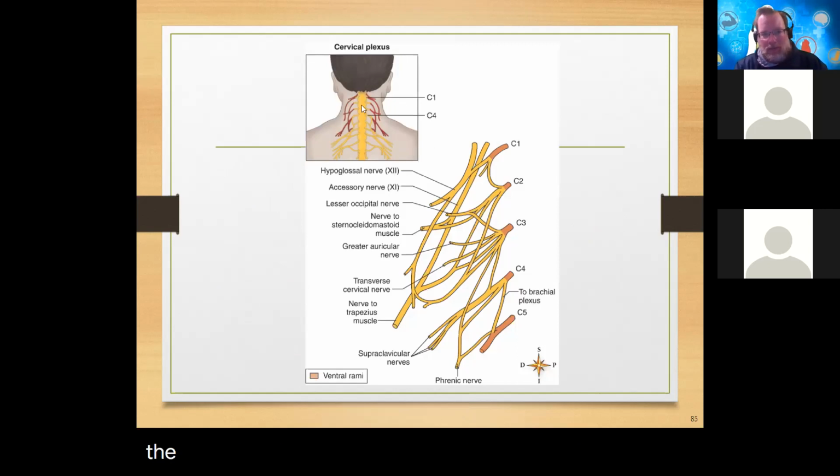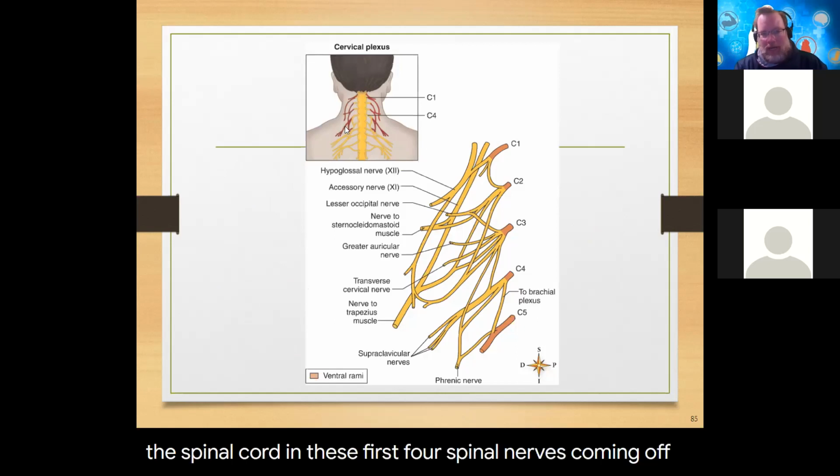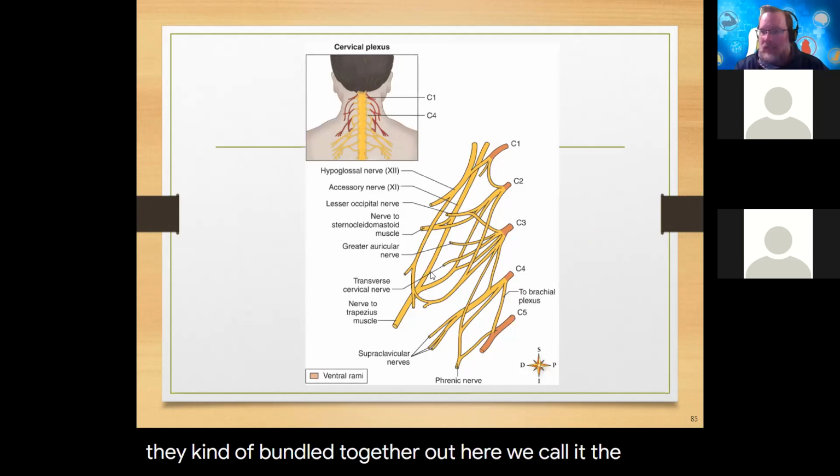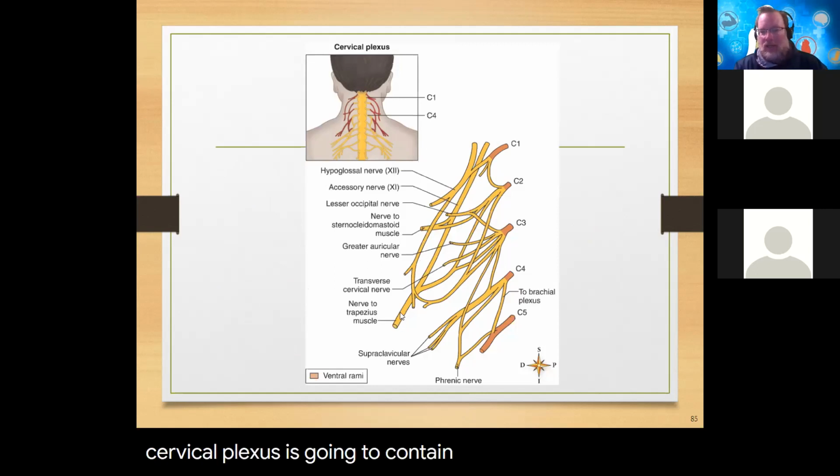So we see the spinal cord and these first four spinal nerves coming off, they bundle together out here. We call it the cervical plexus. And this cervical plexus is going to contain nerves that feed items in this area, the upper neck region.